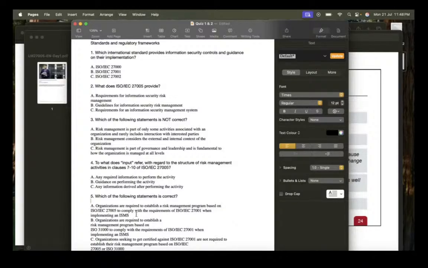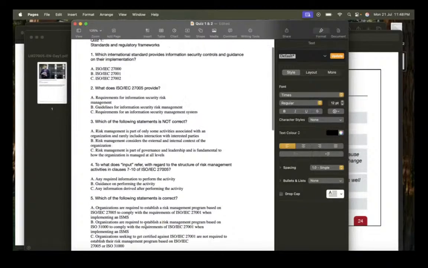So organizations are required to establish a risk management program based on 27005 to comply with the requirements of 27001 when implementing an ISMS. Next is organizations are required to establish a risk management program based on ISO 31000 to comply with the requirements of ISO IEC 27001 when implementing an ISMS.